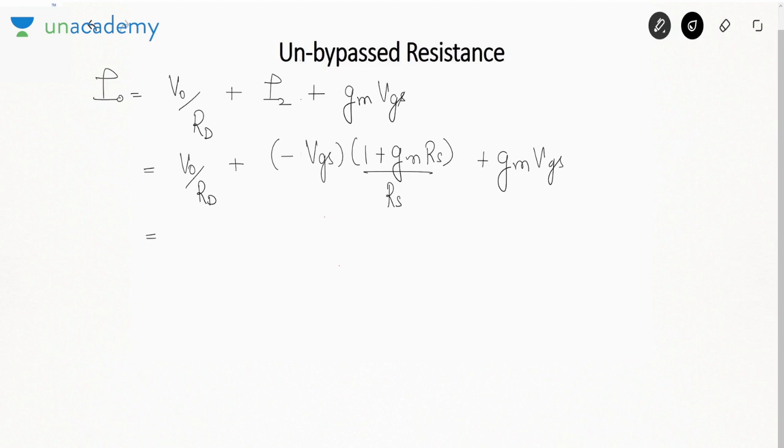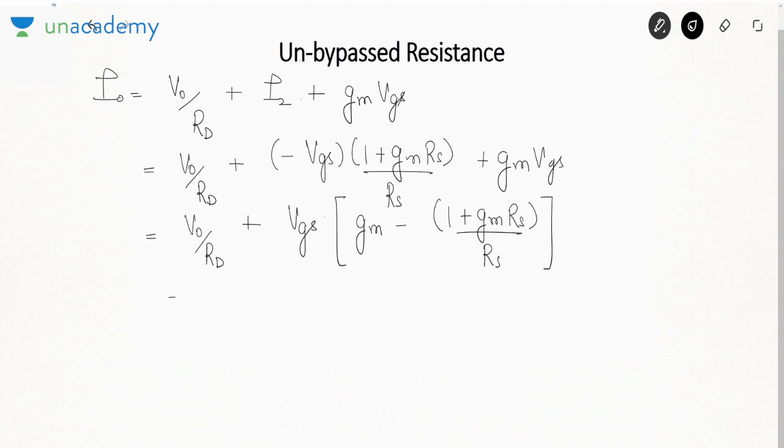Now what you can do here is you can substitute, write like this, gm minus (1 plus gm RS) over RS. If you take the LCM, gm RS minus 1 minus gm RS, so it will remain minus VGS by RS.